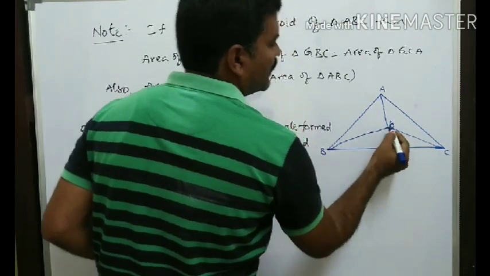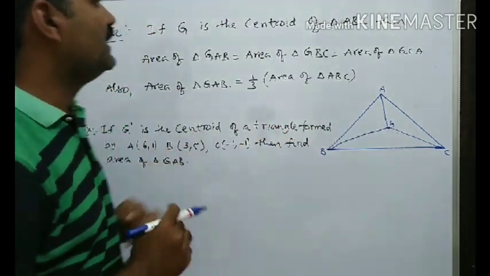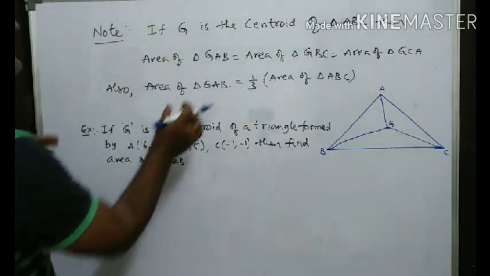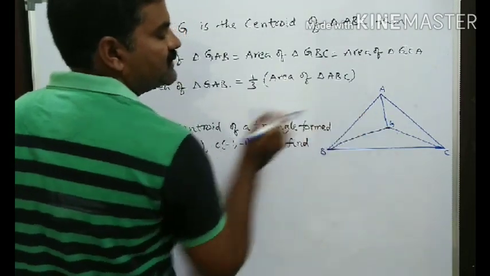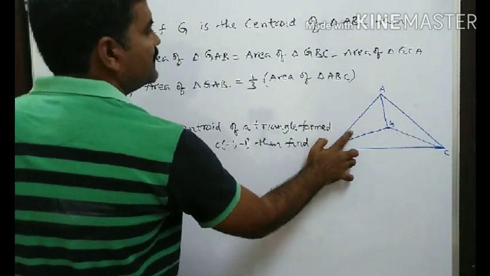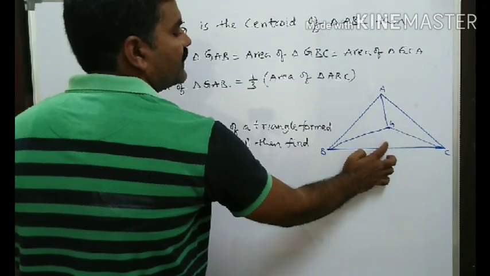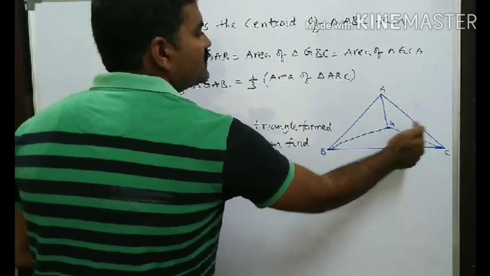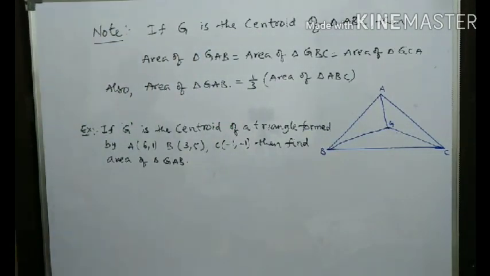Okay. Now look at this. If G is the centroid of triangle ABC, then area of triangle GAB is equal to area of triangle GBC, which is also equal to area of triangle GCA.